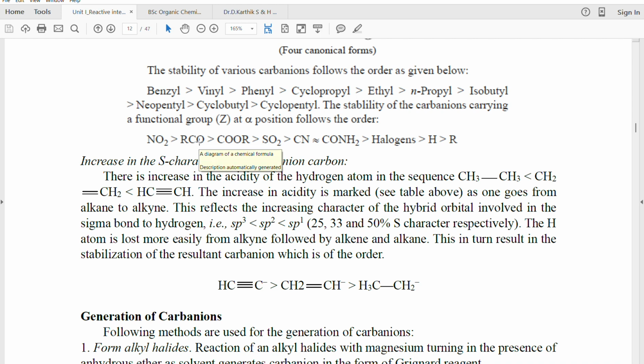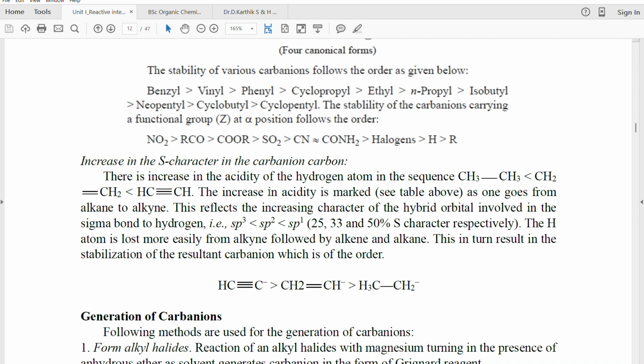If you have a keto group, that stabilizes next, and then the ester group, SO2, then CN, then amide, halogen, hydrogen, and finally R. So when you have an alkyl group, that is the R group, that is the least stable, and when you have a very strong electron withdrawing group, NO2, that is the most stable carbanion. So it is just the order of functional groups which stabilize the carbanion.